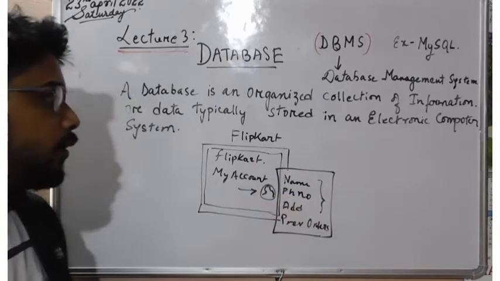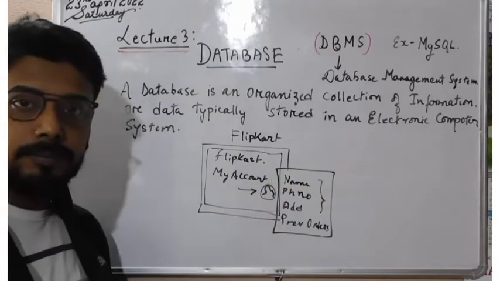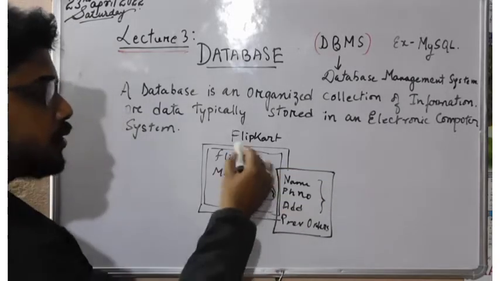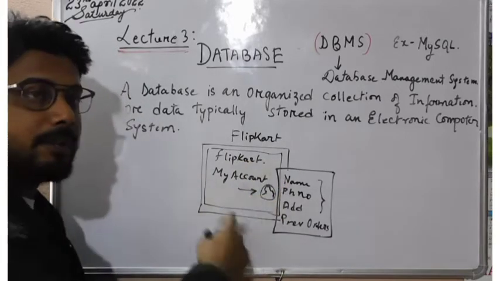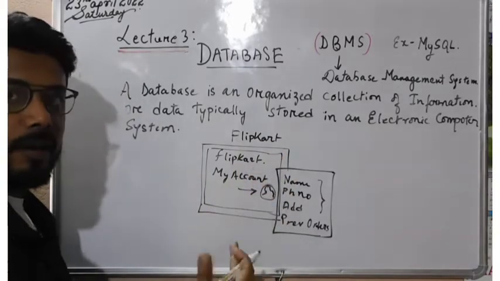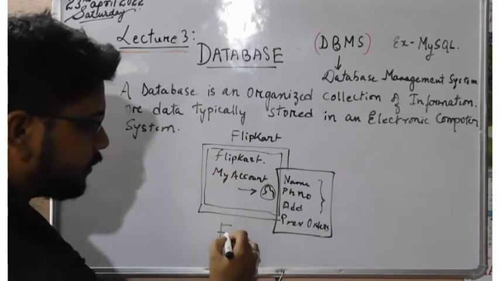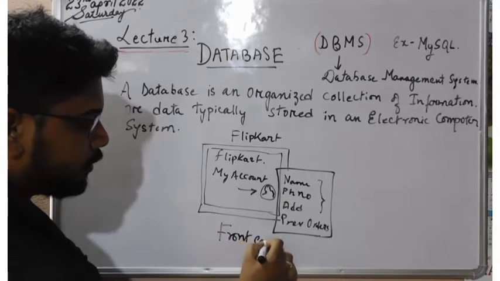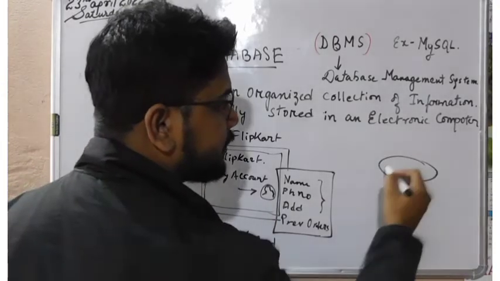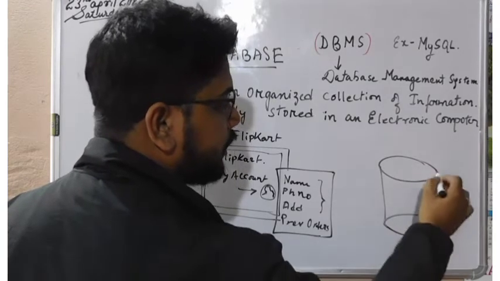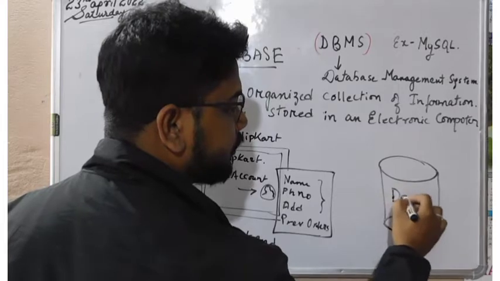But one question might come to your mind: where are these details stored? Whatever we see in this application, whatever visual is available to us, that is the front end. But all the details are stored in a separate place called the database.